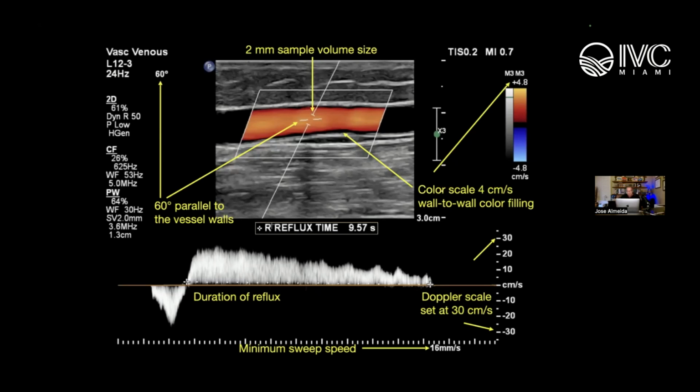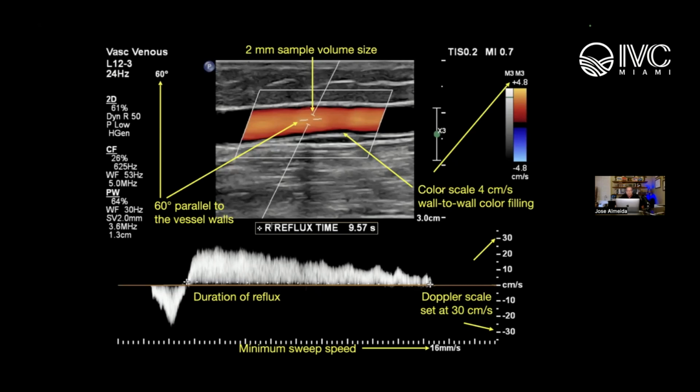Spectral broadening on a carotid is just the amount of gain information inside of the window. I guess this is just going to confuse things. But sweep speed is used to get the duration of reflux accurately. Let's just leave it at that.